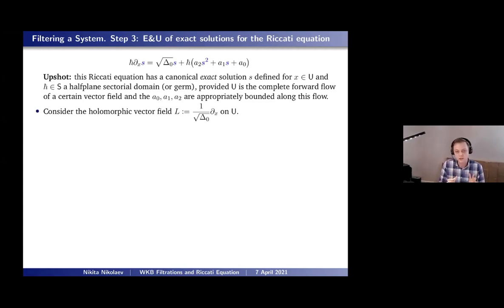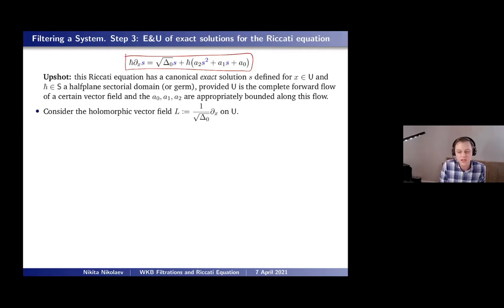The vector field in question is this one. It's just 1 over square root discriminant times d by dx, and you can see just by looking at the Riccati equation why this vector field could be important. It's because the discriminant of the leading order part of this equation is delta naught.